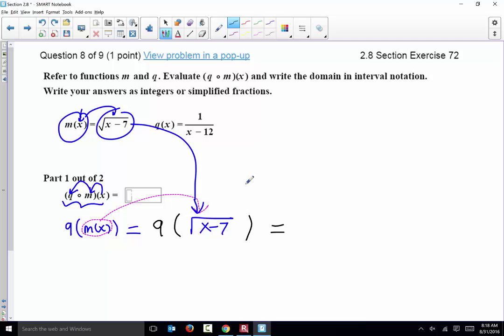Now, this is essential. Please listen up to what I'm doing. If Q has only X in here, only X, it will transform X into 1 over the square root of X minus 12, right? Correct? Do you have only X here? Something else, right?